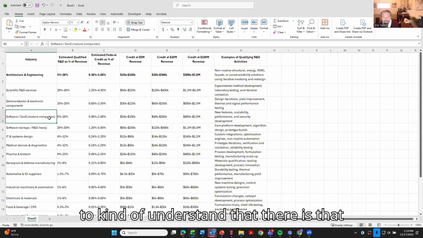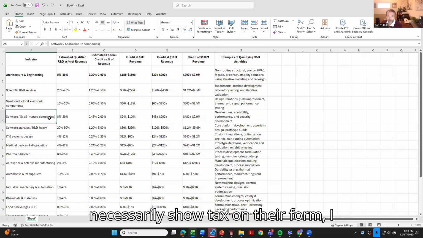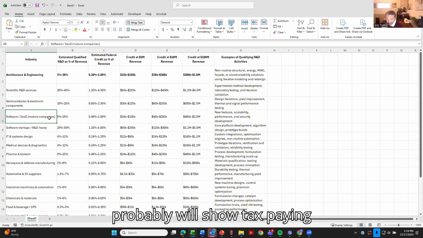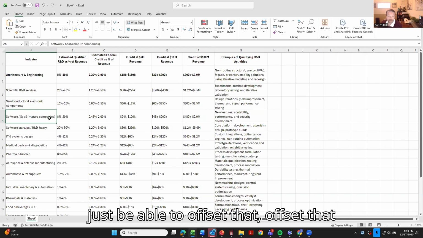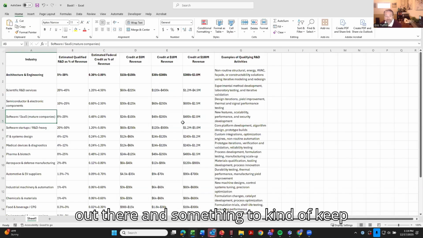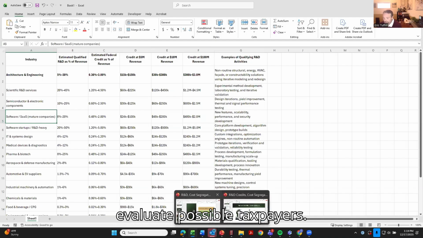So they might not necessarily show tax on their income tax form, but they probably will show tax paying employees, right? And so it's good to be able to offset that extra tax. That is something to keep in mind as we evaluate possible taxpayers.